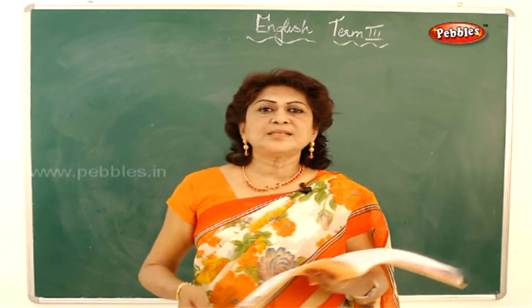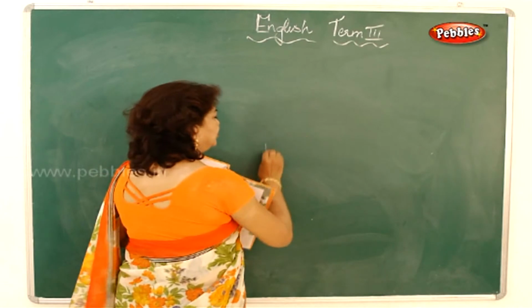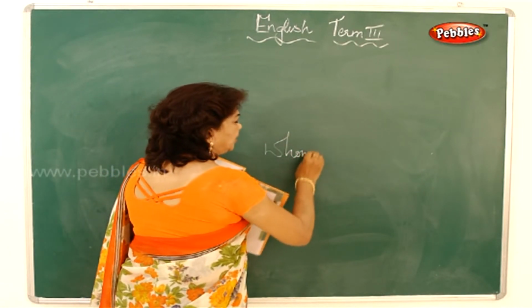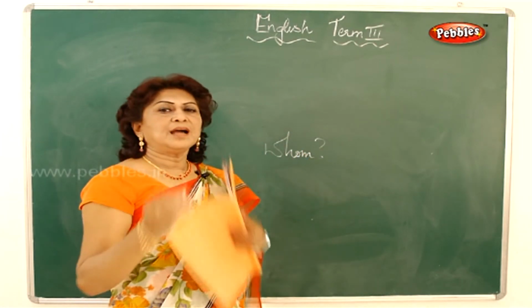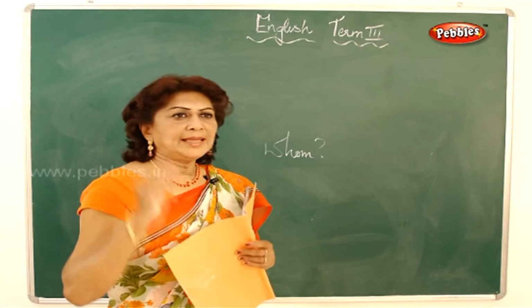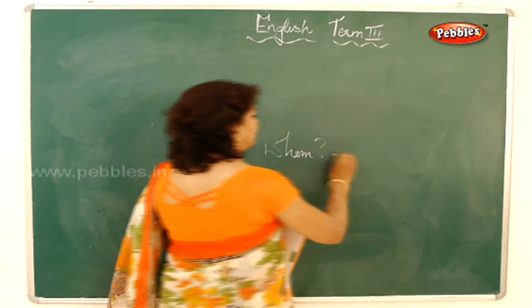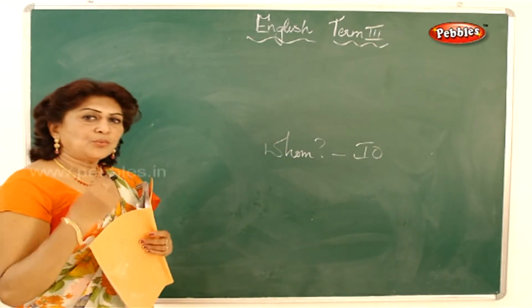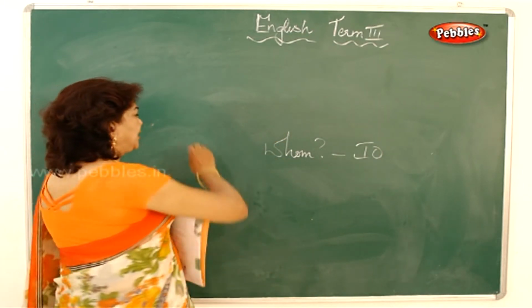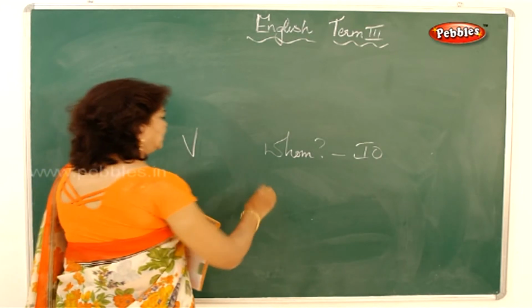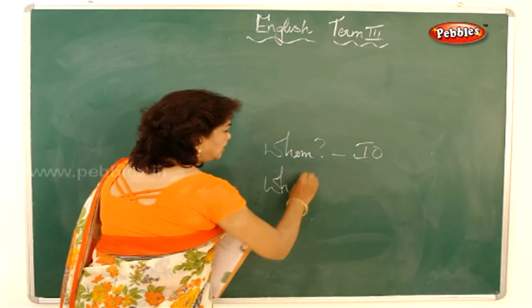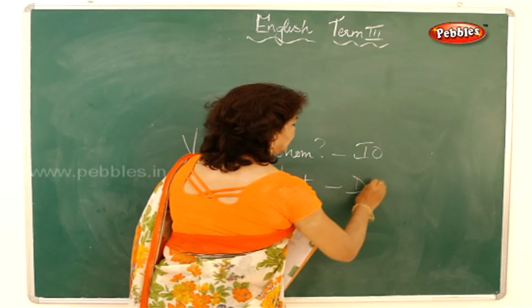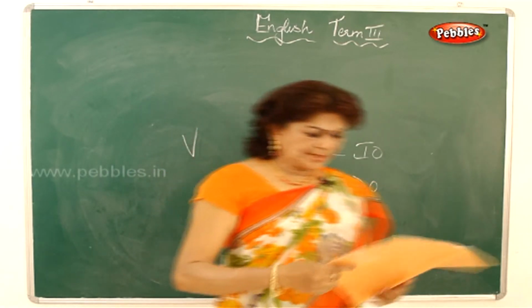If you ask the question whom to the verb in a sentence, the answer that you get will be the indirect object, IO. If you ask the question what to the verb in a sentence, the answer that you get will be the direct object.